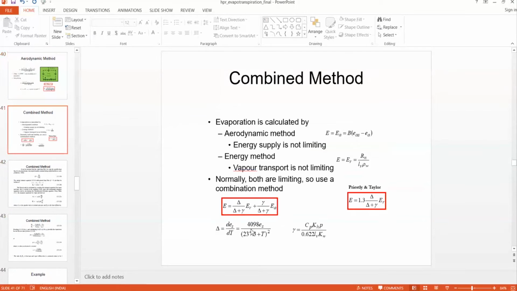The next important method is the combined method, because the energy method assumes that vapor transport is not limiting. That means it assumes that there is enough wind speed to push away the vapor from the water surface. Whereas the aerodynamic method assumes that there is enough solar radiation, therefore energy supply is not limiting.